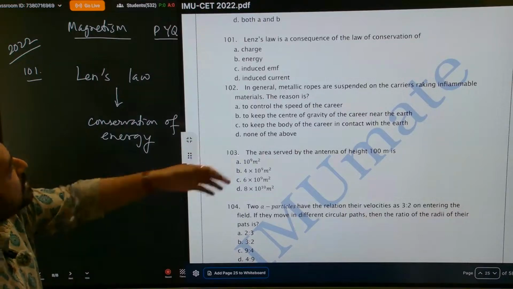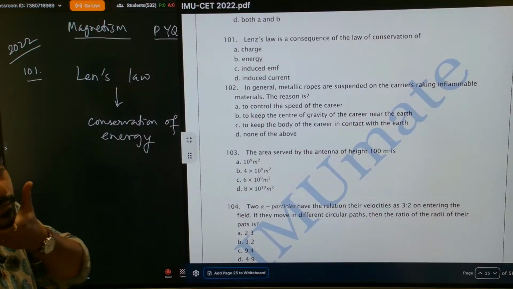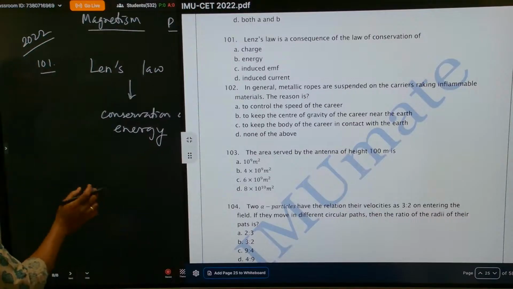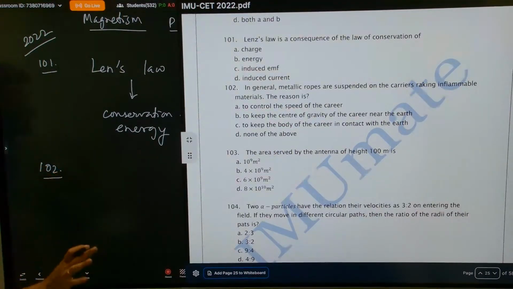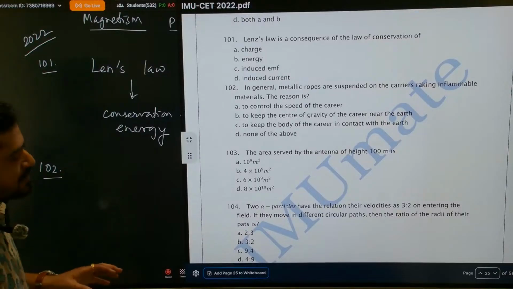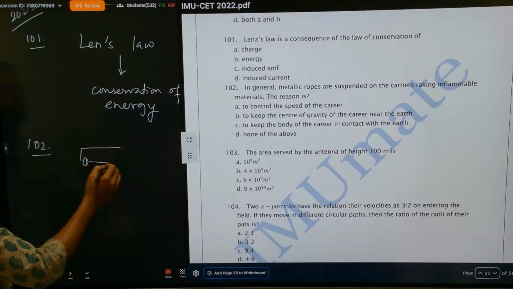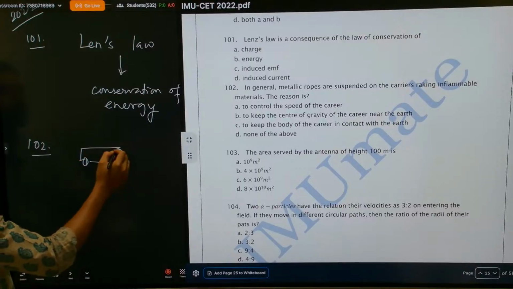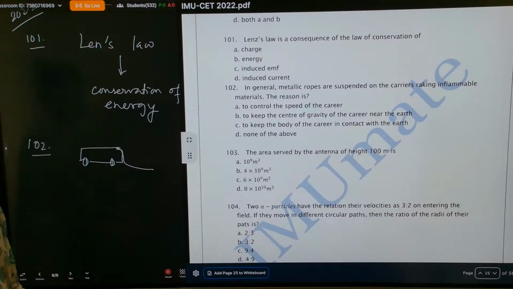Okay, so in general, metal ropes are suspended on carriers taking inflammable materials. The reason is, if you have seen trucks, we will get that in the 2023 PDF. If there is a truck taking inflammable articles, like oil or something, there is a rope or chain put out to the road from the truck.